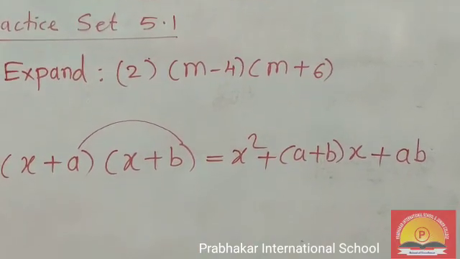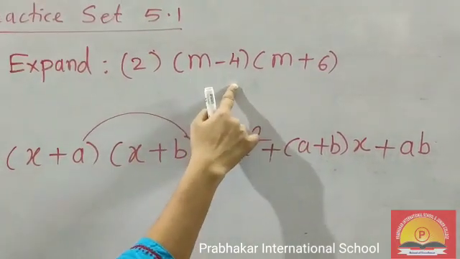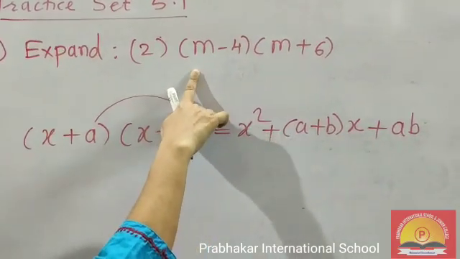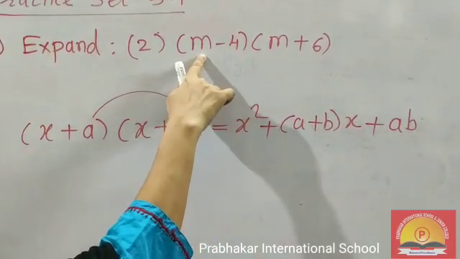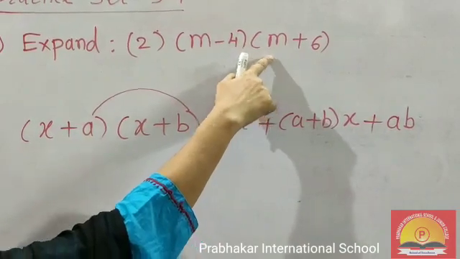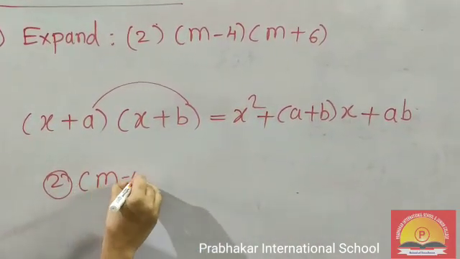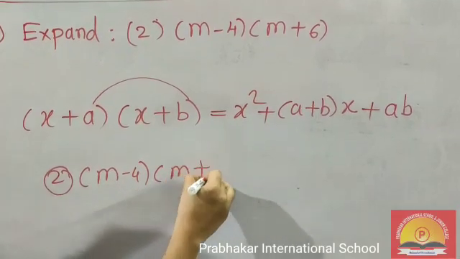Now we will solve question number 2, (m - 4)(m + 6). First of all we will see whether a common term is there or not. So you can see here m and m, this is the common term. This question also we will write here, m minus 4, m plus 6.